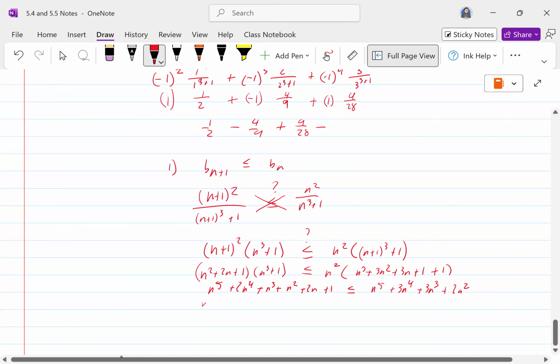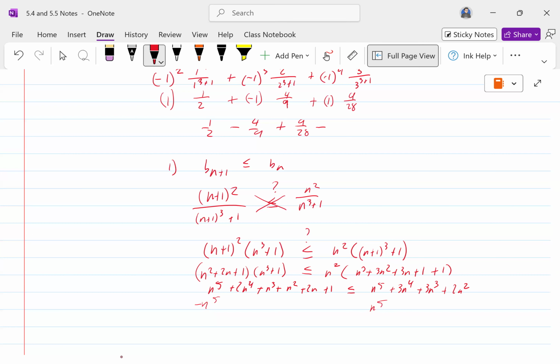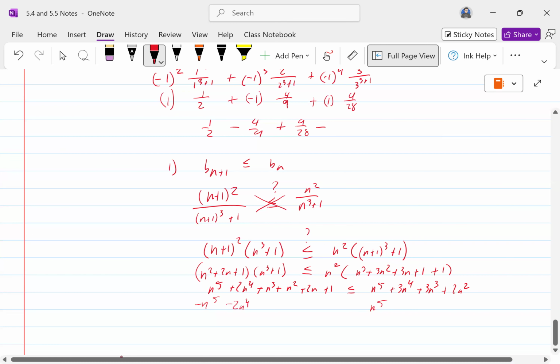If I subtract off n to the 5th, and I subtract off 2n to the 4th, and minus n cubed, and minus n squared, so minus 2n to the 4th, minus n cubed, minus n squared, I get 2n plus 1 is less than or equal to n to the 4th plus 2n cubed plus n squared. And is that true if n is positive?